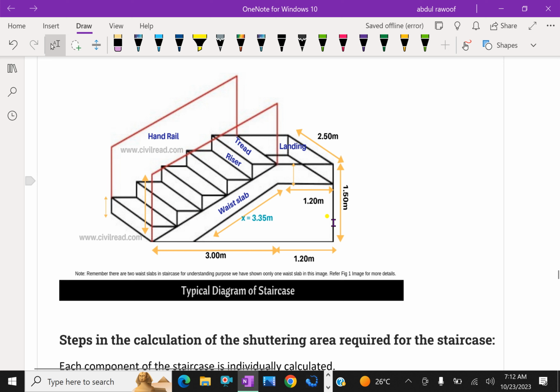For example, this height is given as 1.5 meter, this width is 3 meter, and the landing width is 1.2 meter. And this is the handrail height. Here riser and tread. So from these steps we calculate the shuttering area.